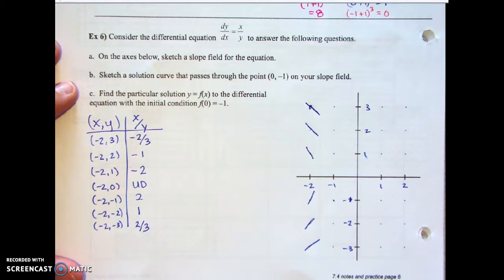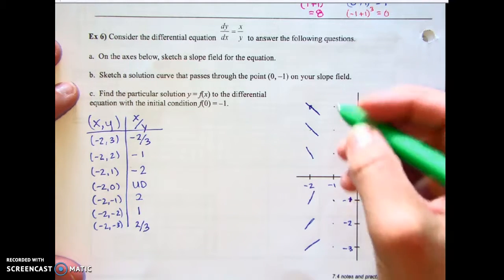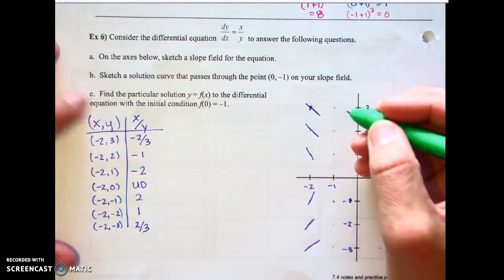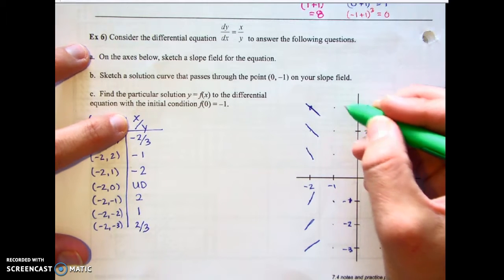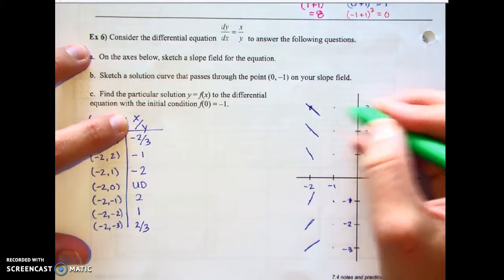I'm going to try this row in my head, okay? So it's x divided by y. X is -1 and y is 3.